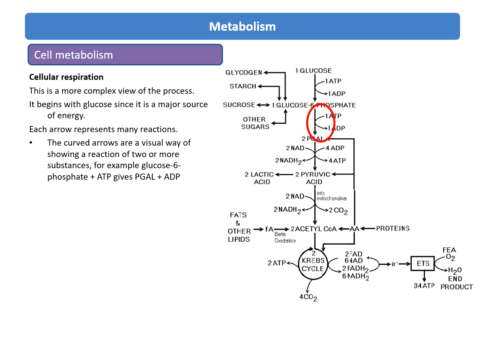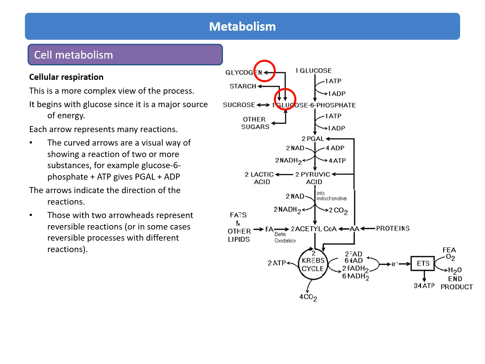Curved arrows are a visual way of showing a reaction of 2 or more substances. In this case, glucose 6-phosphate plus ATP gives PGAL plus ADP. The arrows indicate the direction of the reaction. Some of the reactions are reversible, so I show that with 2 arrowheads.